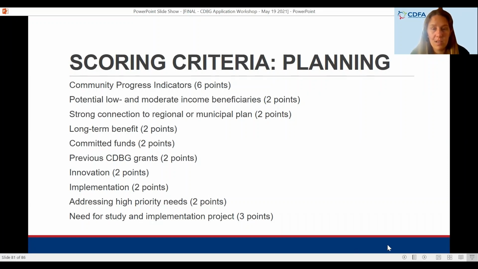Altogether, those are the up to 25 points that can be received for a planning grant. There's no minimum score for planning grants, but we do anticipate that the higher the score, the more likely you'll be recommended for funding.